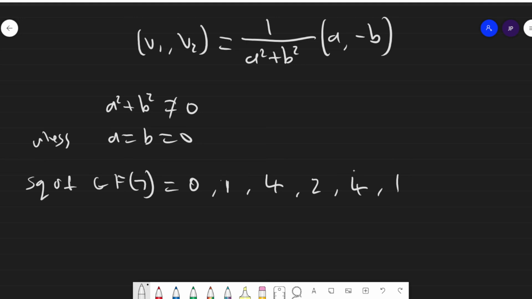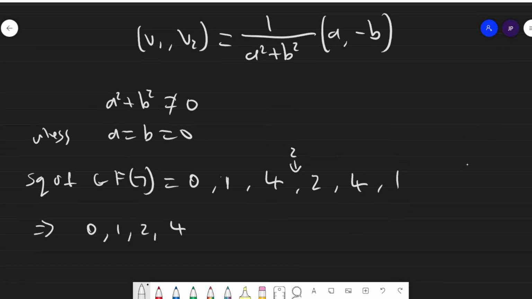Oh, there's a square of 3 as well, which is 2. Sorry, let me insert it here. So there's another 2 here. Basically we can narrow it down: the squares will be 0, 1, 2, 4.